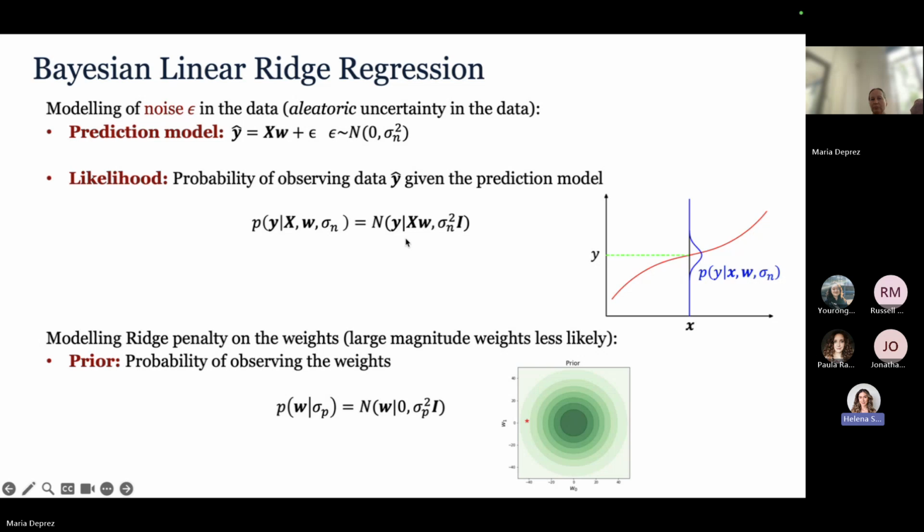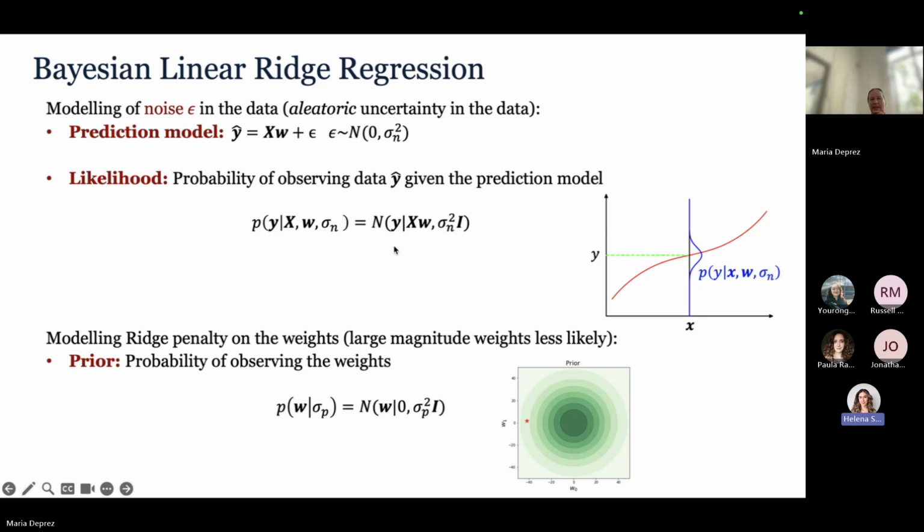And because I wrote it in a matrix equation, I put identity here. Right, so this is a joint probability of all the different samples that we've got. I could write it for just one of them as well. But it doesn't really make a difference because they are independent when we do linear regression, so it's just a multiplication of these probabilities. In a Gaussian process, they are not truly independent anymore.